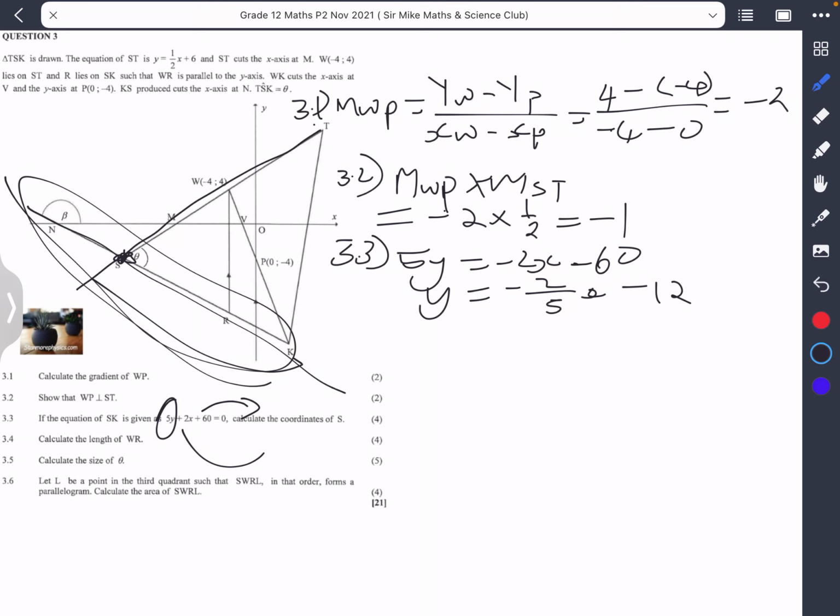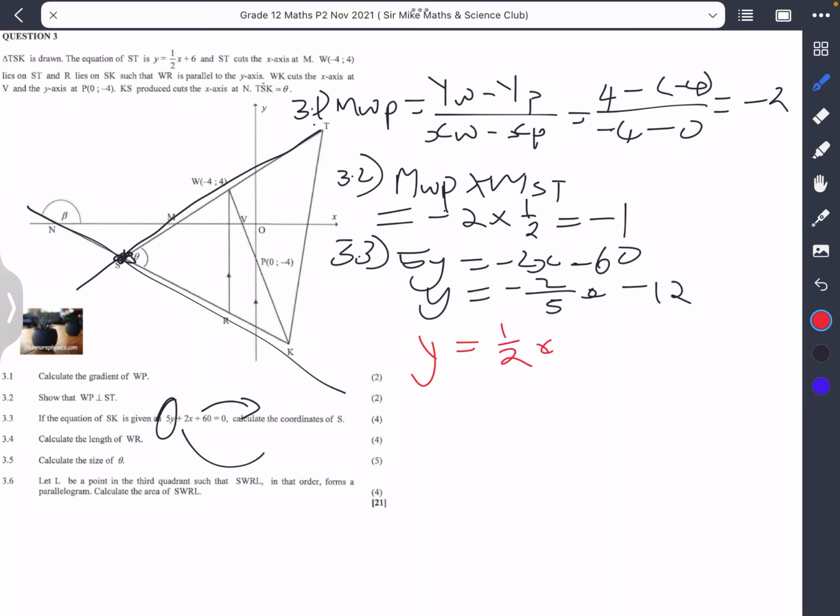So in this case, I'm going to equate these two equations, right? Now what would be the equation of this line? We said that was y equals negative 2x plus 6, and then you already have the equation of that line. So I'm just going to write the equation of that first. So we have y equals a half x plus 6.